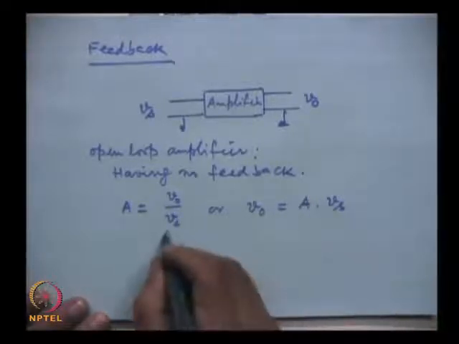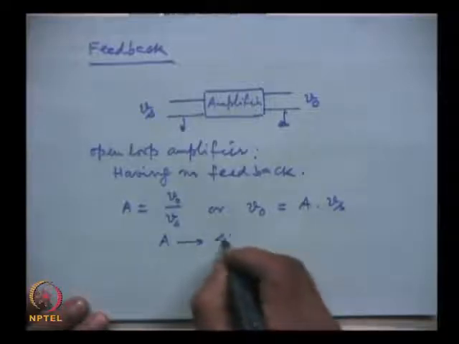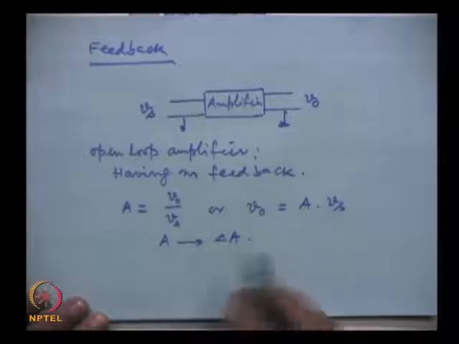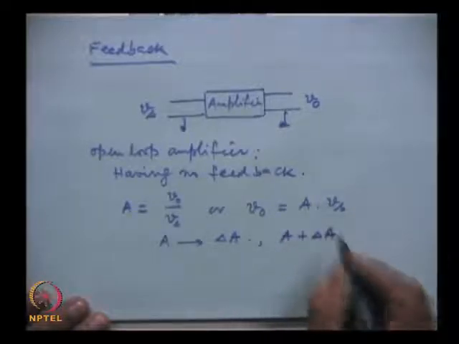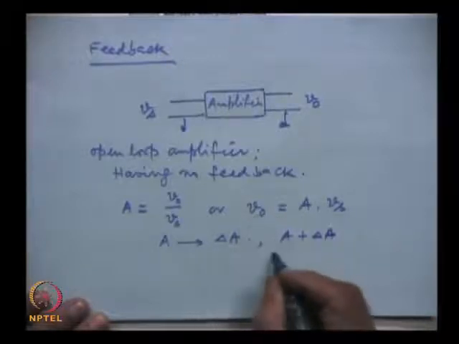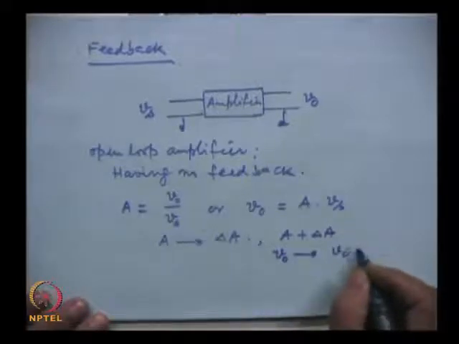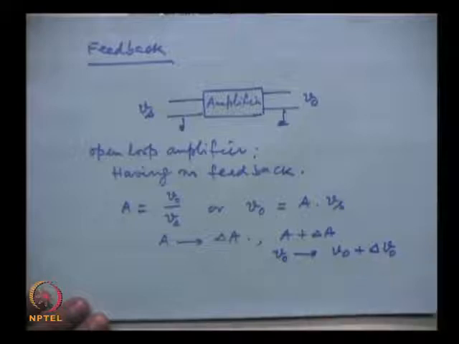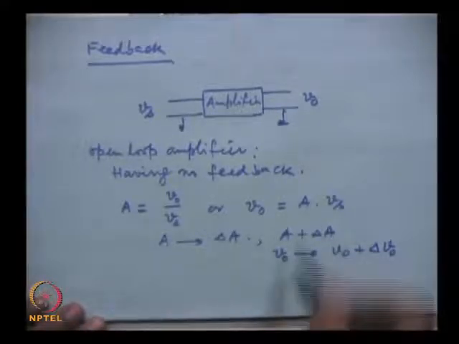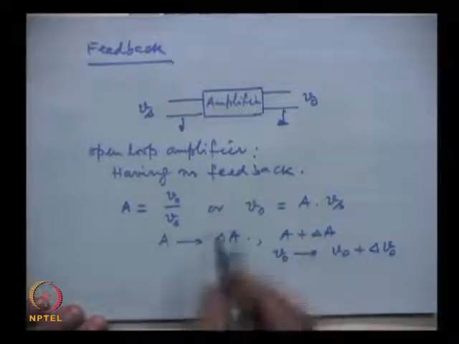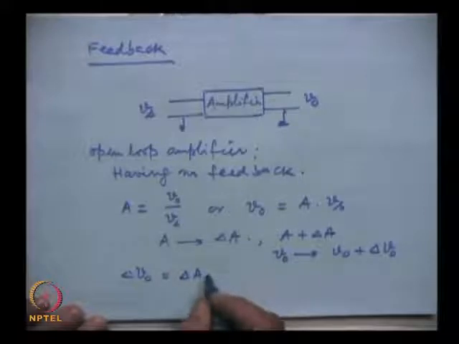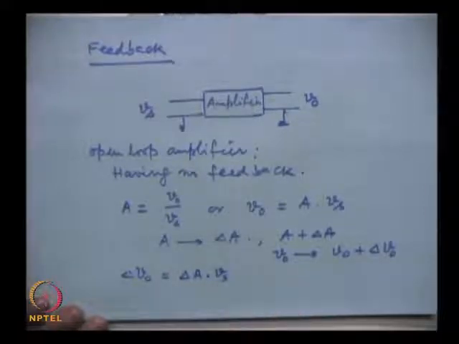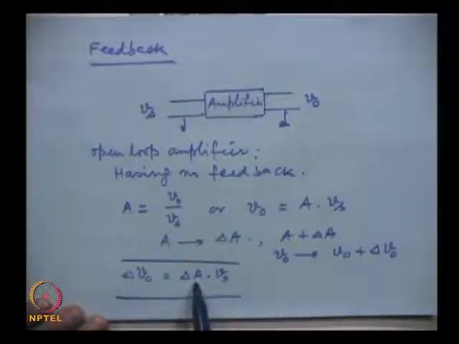If the gain changes from A to A plus delta A, then the output will change from V0 to V0 plus delta V0, and we can simply write from here that this change delta V0 will be equal to change in A into Vs. So any change which occurs in the gain of the amplifier will be reflected in the output.